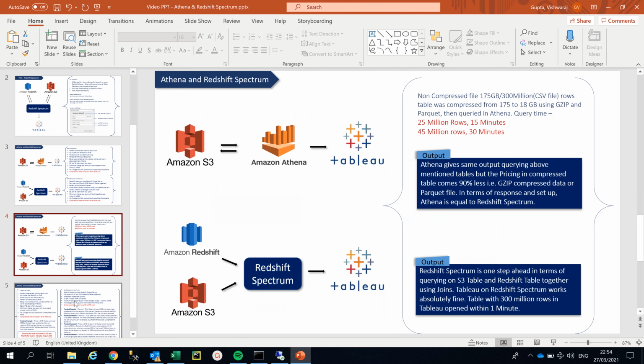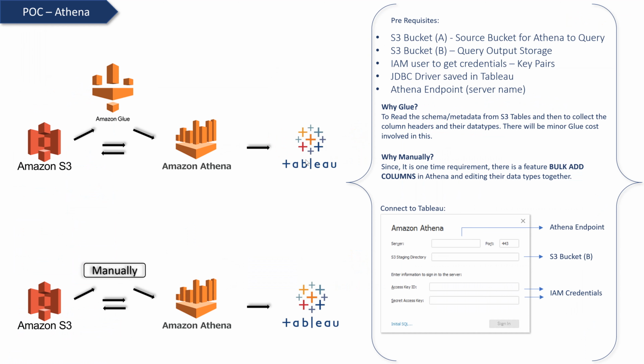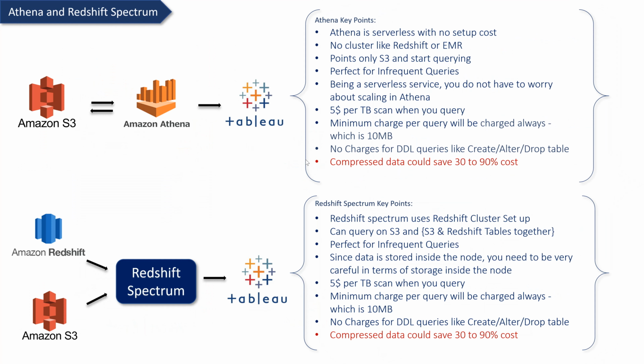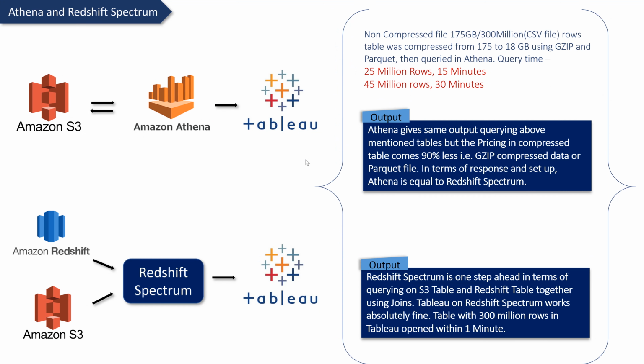And I did a practical on this one, so I want to share my views on how Athena and Redshift Spectrum are different. So guys, there was a non-compressed file, 175 GB.